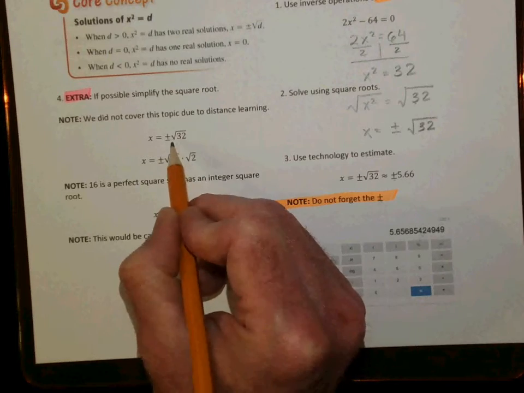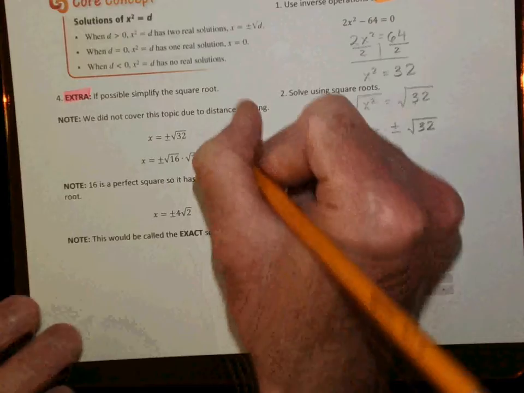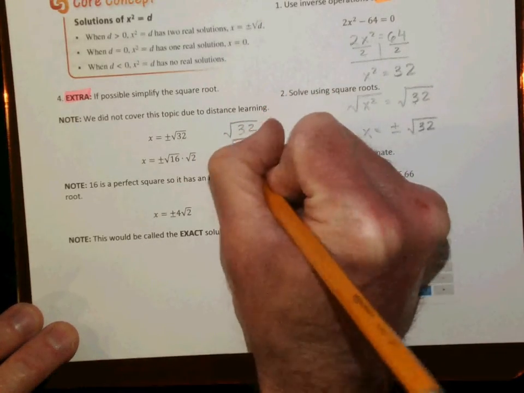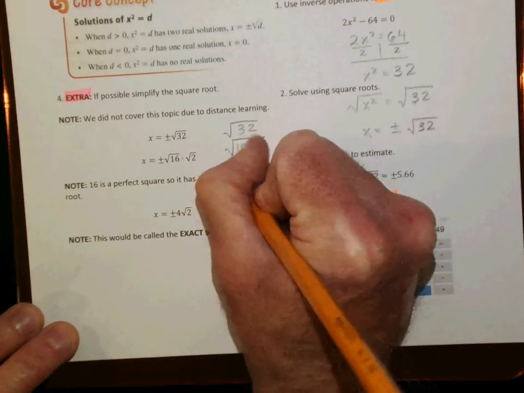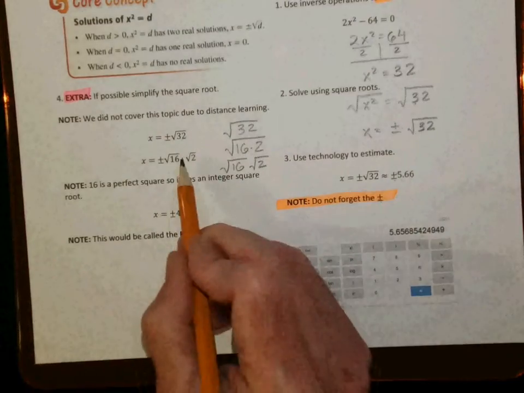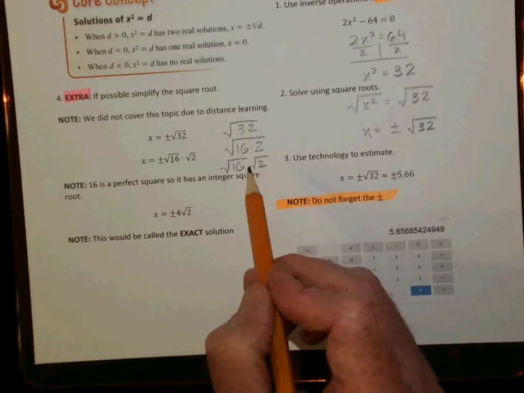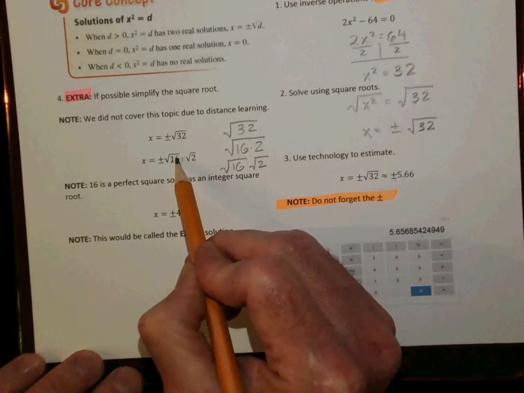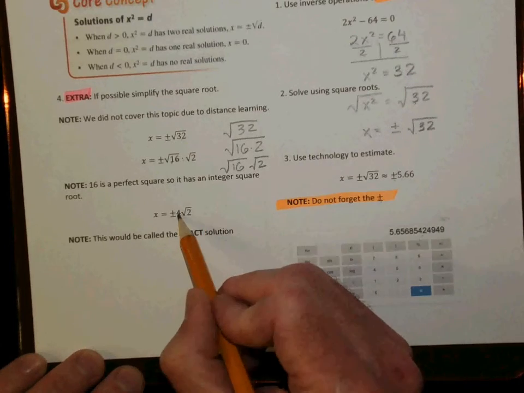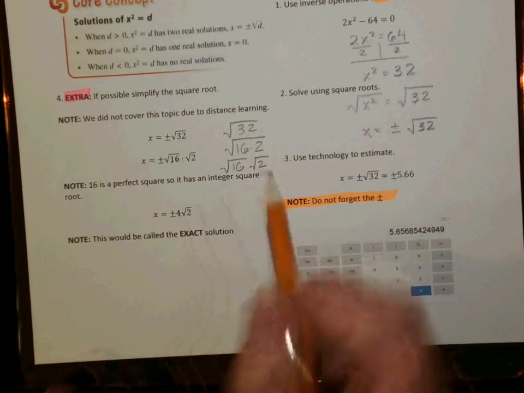You can break a square root up at multiplication, so you can rewrite the square root of 32 as the square root of 16 times 2, and then you can break it apart at that multiplication and get this. And the reason I asked did you know any perfect squares is, you know the square root of 16 is 4. Not the square root of 4, it's just 4. So it's outside of the square root now, and you still have this.